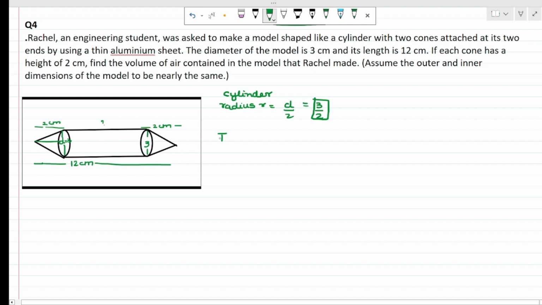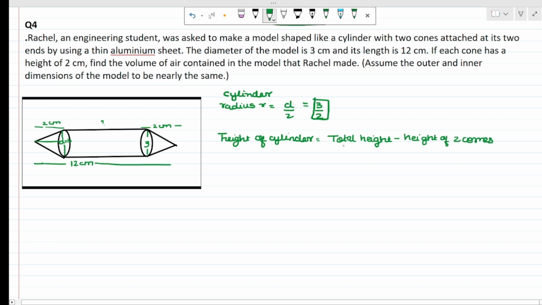So the height of the cylinder will be the total height minus the height of two cones.